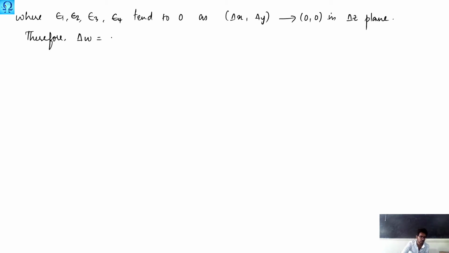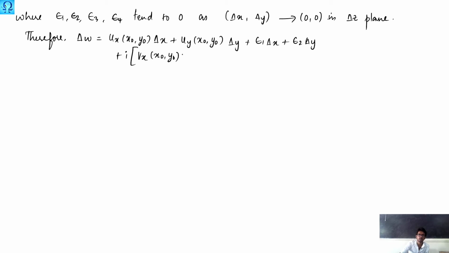So delta u is ux evaluated at (x naught, y naught) delta x plus uy evaluated at (x naught, y naught) delta y plus epsilon 1 delta x plus epsilon 2 delta y, plus i times vx(x naught, y naught) delta x plus vy(x naught, y naught) delta y plus epsilon 3 delta x plus epsilon 4 delta y.